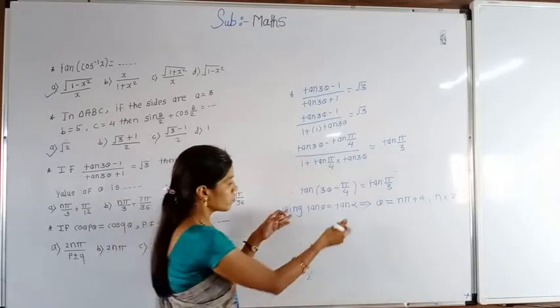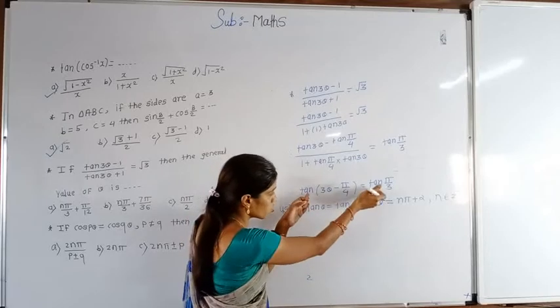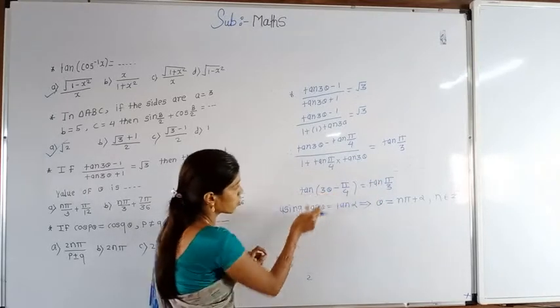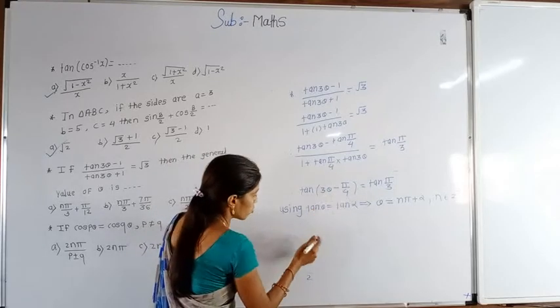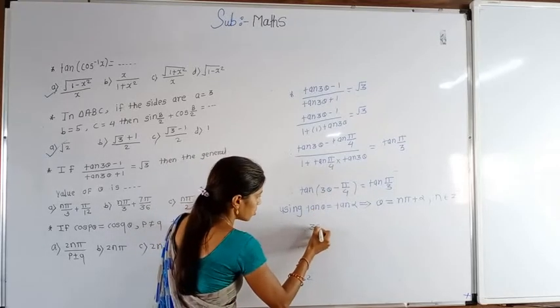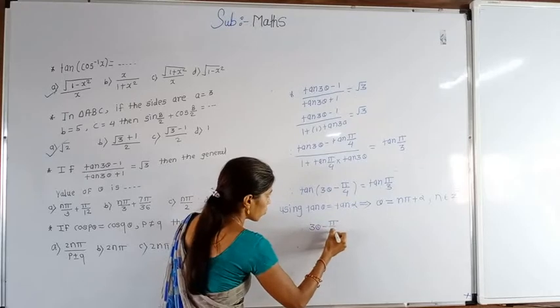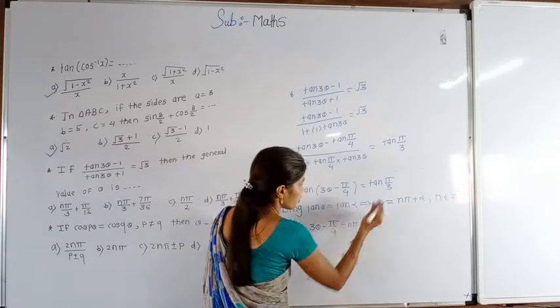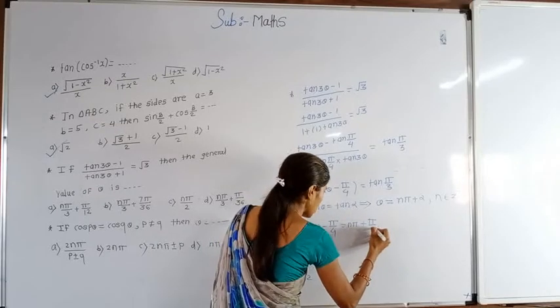So first of all compare this equation to that equation. Here theta is 3 theta minus pi by 4. So we can write 3 theta minus pi by 4 is equal to n pi, take as it is, plus the value of alpha, pi by 3.